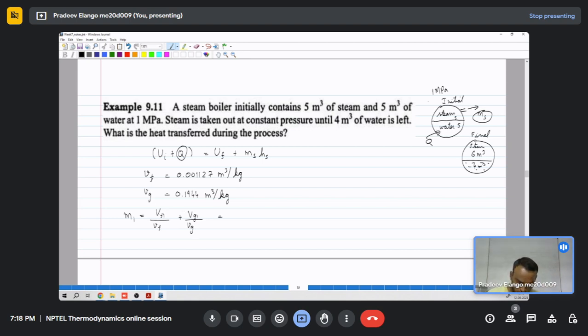The volume of the liquid at first state is 5 meter cube, divided by the specific volume 0.001127, plus the volume of the vapor state 5, divided by the specific volume 0.1944. With this you can calculate the total mass.